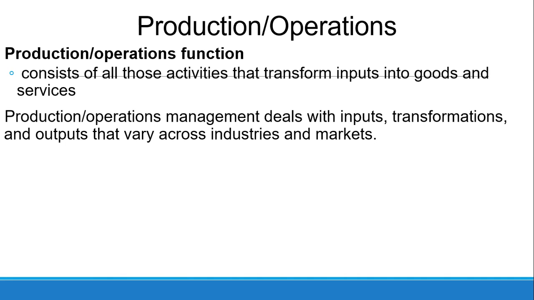So when we say the process function of the production and operation department, it involves the degree to which the production activities can be designed, managed, and pursued in order to produce goods and services that are relevant to the targeted customers. And this usually includes determining the most efficient methods and technologies to use.